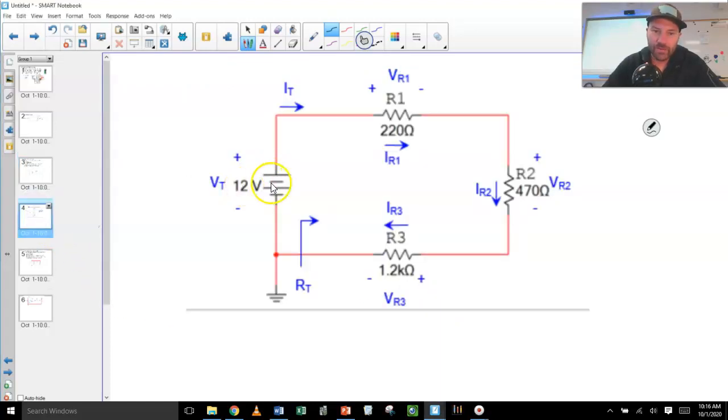We have a 12-volt battery, and then it hooks up to a 200 ohm resistor. Then instead of 470, I'm going to make this 500, and the other one is 1200. So these are all in a line.